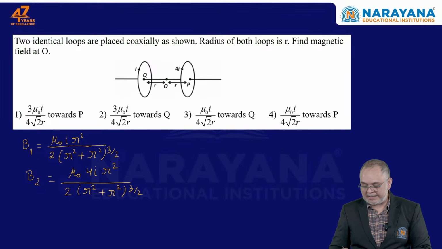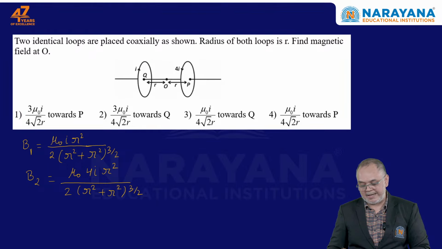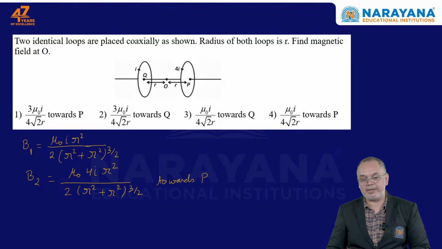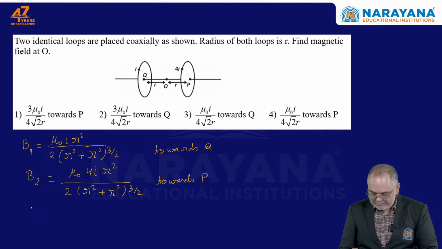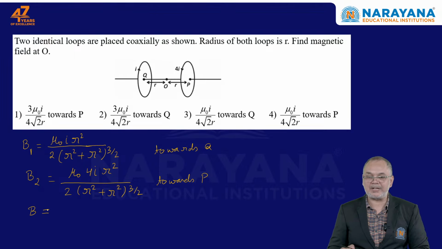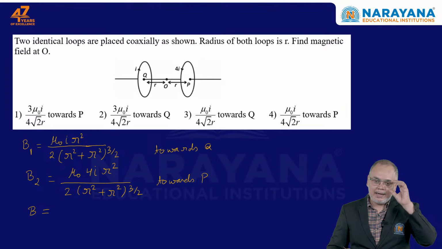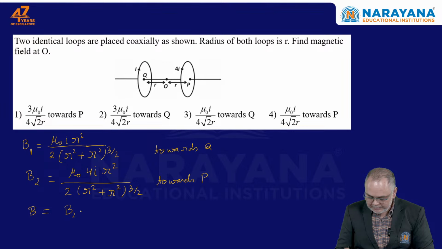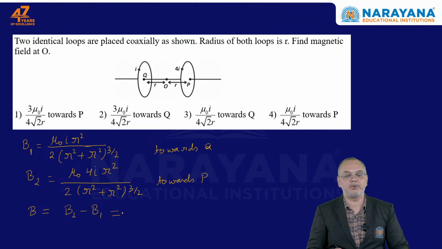Now if you see the direction of field, because of 4i current, that is towards P, and because of current I, the magnetic field at point O is directed towards Q. So the net magnetic field, what we can write here, is the subtraction of these two, as they are in opposite directions, and we can see here B2 is more than B1, so I can write B2 minus B1 is the net field, and the direction will be what? Towards P, because B2 is more than B1.